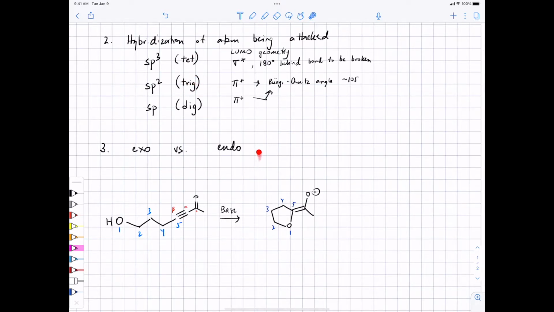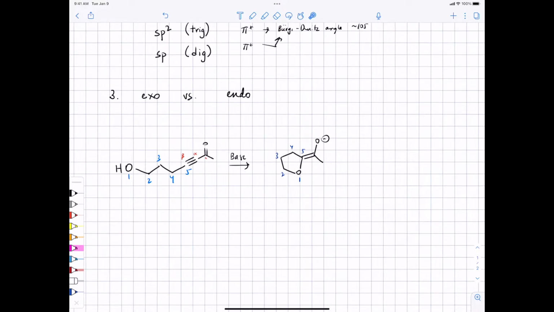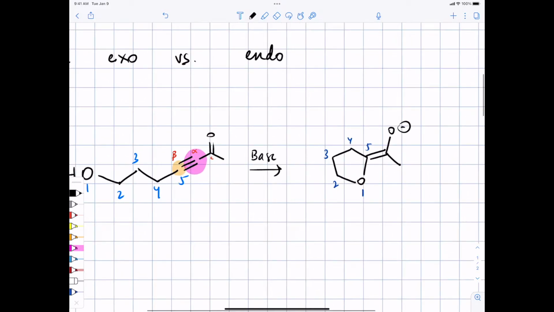And then this issue of exo versus endo is something to consider. A cyclization is called endo when the atom that is connected to the atom that gets attacked is part of the ring. In this case, the atom that's connected to the beta carbon that gets attacked. So this is the atom that gets attacked, but this is the atom that we worry about for endo versus exo.